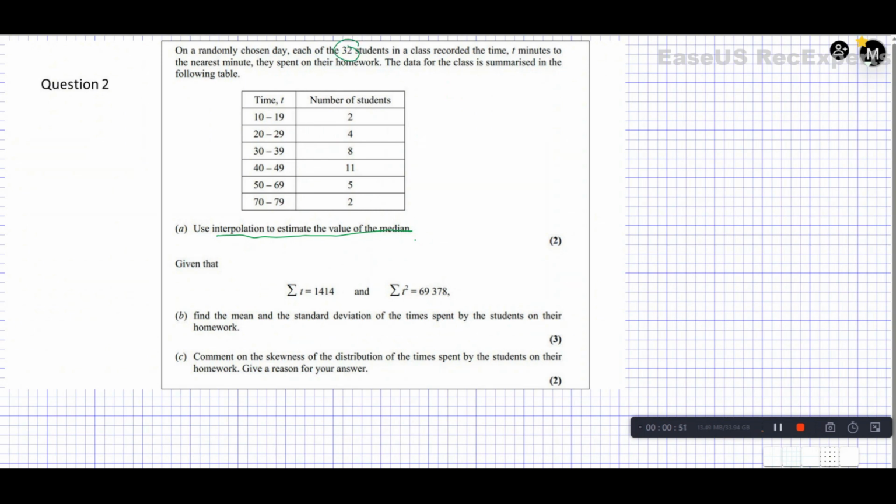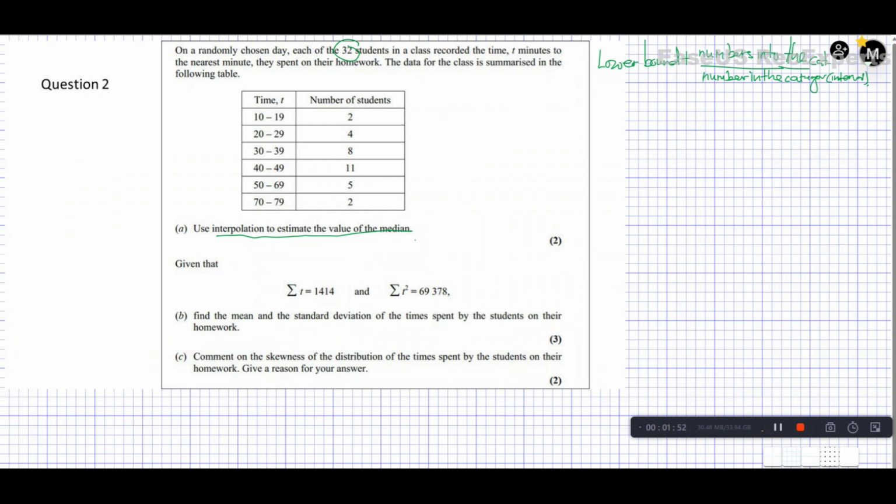So for 32 students, to find the estimate of the median, the formula is: lower bound plus the number needed into the category, or into that interval, divided by the number in the category, or in the interval.